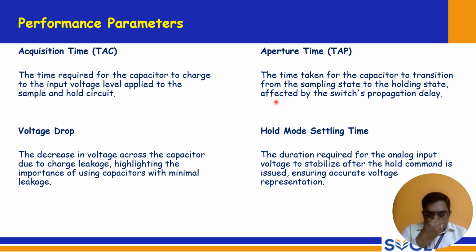Voltage drop is the decrease in voltage across the capacitor due to charge leakage, highlighting the importance of using capacitors with minimal leakage. Hold mode settling time is the duration required for the analog input voltage to stabilize after the hold command is issued, ensuring accurate voltage representation.